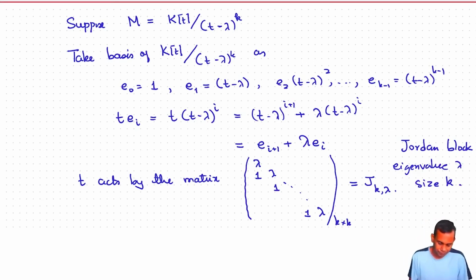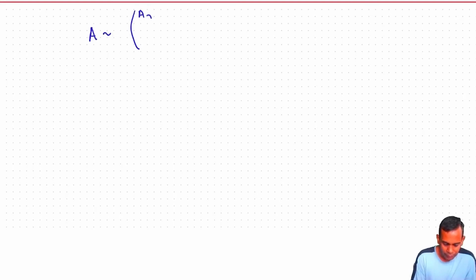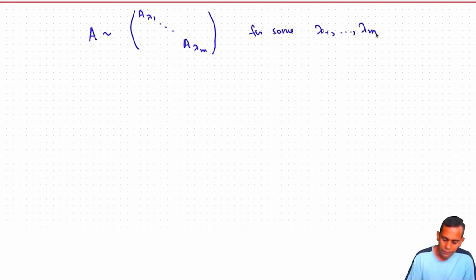So let's just put everything together. Firstly, we have that A is similar to A_lambda1, up to A_lambdam, for some lambda 1 up to lambda m. These are the lambdas for which V_lambda i is not equal to 0.